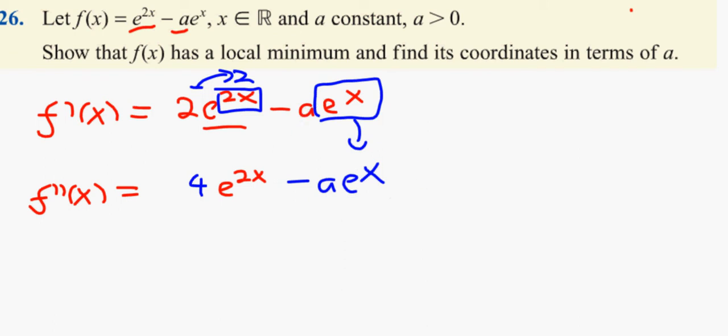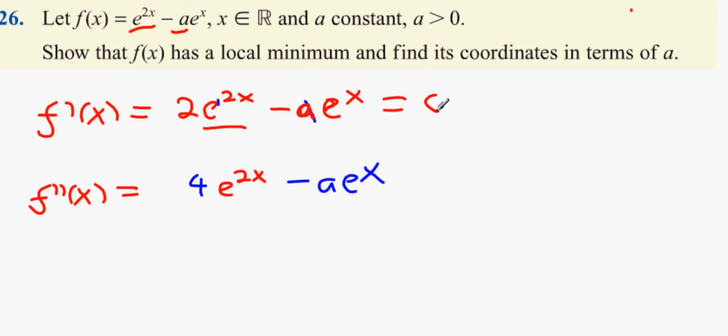Now, what we're asked to do is find the local minimum and find the coordinates. Okay, so what we need to do here is solve the first derivative equal to 0. So that's 2e to the 2x minus a e to the x, and when this equals 0, we've got to figure out what's happening here.